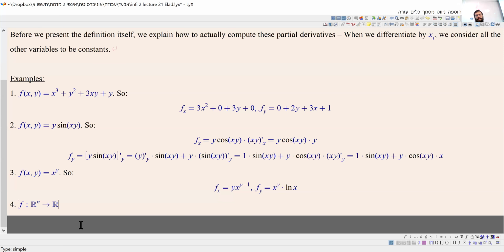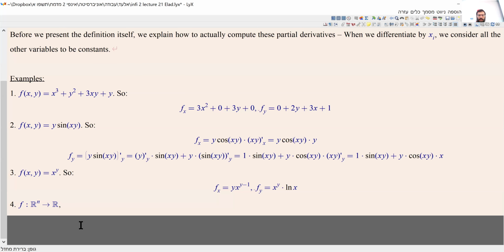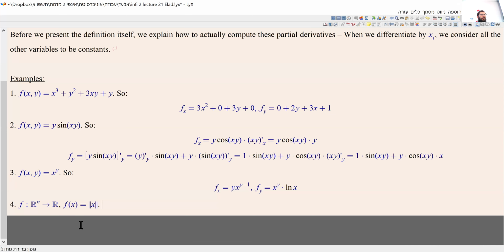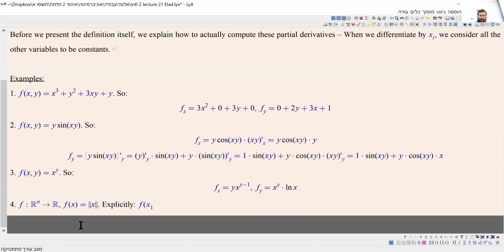Most are of two or three, but from time to time we do mention an example of more than three variables, which is totally fine. f from R^n to R works the following way. f of x, where x is a vector with n coordinates, is the norm of x. Basically, f of x1 to xn is the square root of the sum of the variables squared.